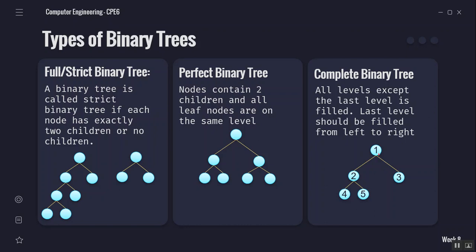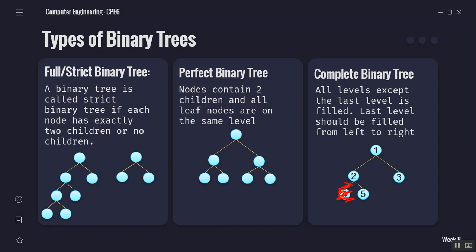For example, the root node is 1, and the children of 1 are 2 and 3, then 4 and 5, in sequence. As long as there's no missing number, this is a complete binary tree, so we filled it from left to right. Now for the case of, let's say, this complete binary tree here, we remove this part.